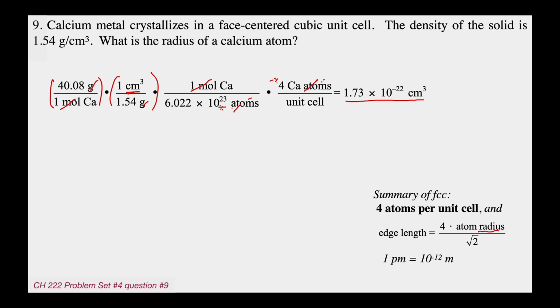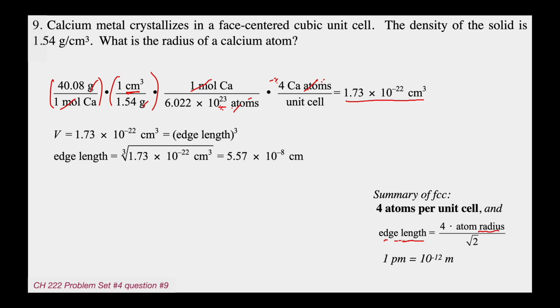And it's super small because unit cells, there's a whole bunch of them in any sample of thing. But from this volume, we can turn it into the edge length. Because these are all unit cells, length times width times height, they're all the same. So edge cubed equals volume. In this case, we want to go from volume back to edge. So this is where you get into what's called the cube root.